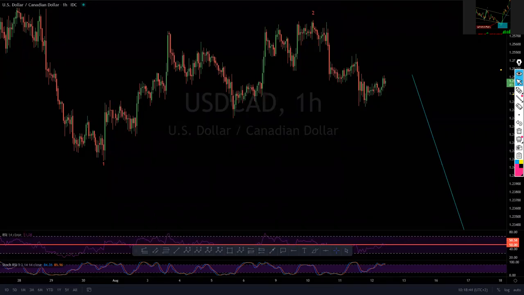Okay, guys, I wouldn't be able to take a look at all the pairs. I'm taking a look at only those which have potential trade setups. A request like pound Canada, Euro New Zealand, CAD Chief, we had a trade setup which has already reached target. I'm going to take a look at CAD Chief. It's on the instruments which I was going to take a look at today.